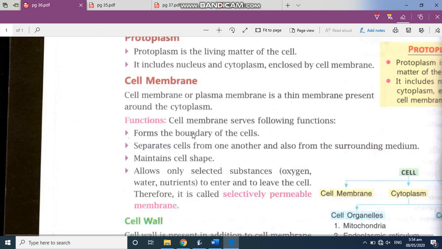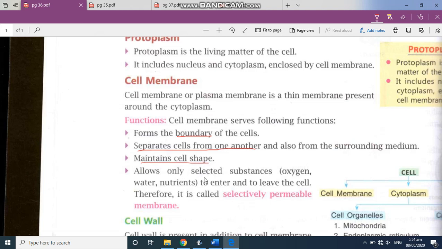What is its function? First, you can underline here that it forms a boundary. It forms a boundary and separates cells from one another, and also from the surrounding medium. Third, it maintains cell shape.